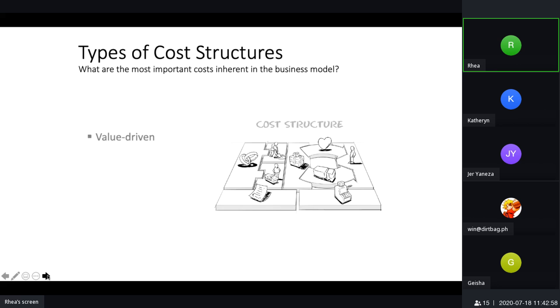So for the cost structure, okay, these are some of the things you need to look at. Value-driven cost structure. We also have fixed costs. Fixed costs would normally be the salaries that you pay. These are usually the monthly items you pay on a fixed rate. We also have variable costs, like utilities, which tend to fluctuate every month in terms of cost. Okay. That would be good examples of costs you need to consider.